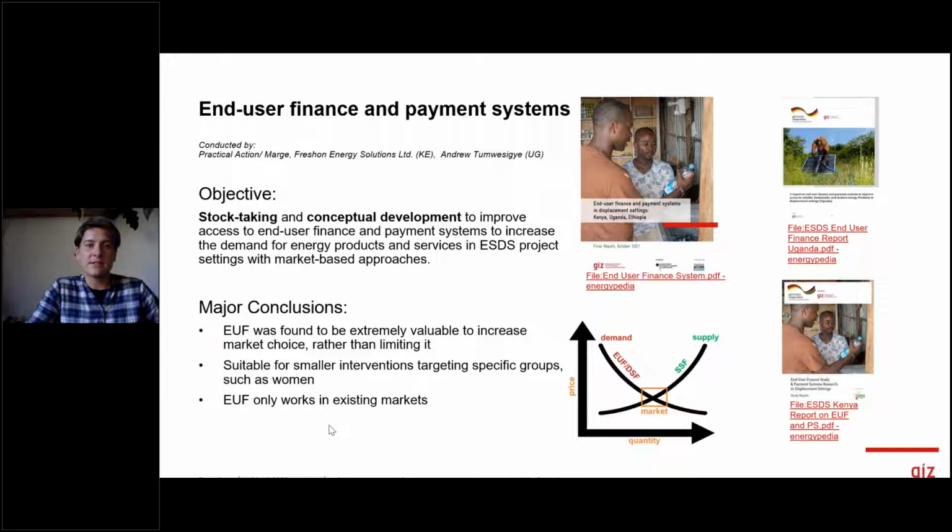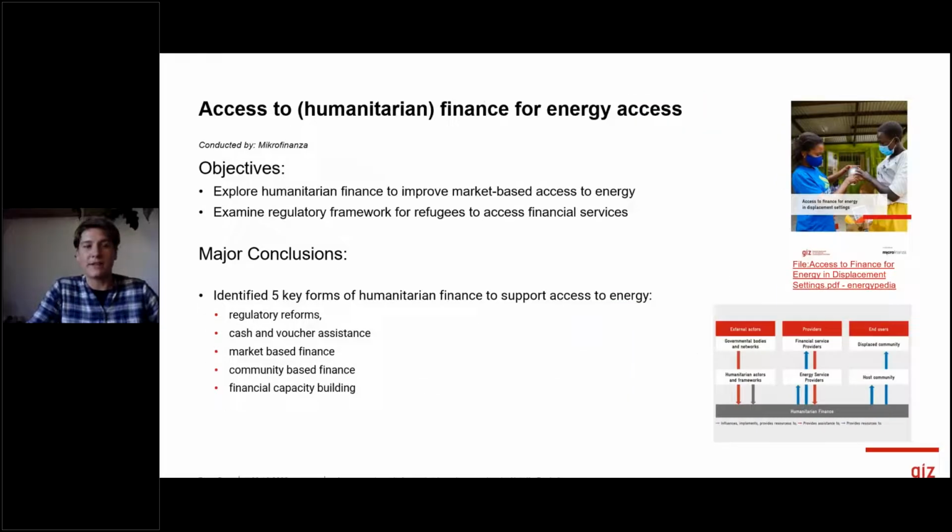A second complementary study we did at the same time is to look then at humanitarian finance. So humanitarian finance in terms of cash or voucher assistance, etc., that Ivona has already talked about before. How can this humanitarian finance actually boost and improve market-based energy access?